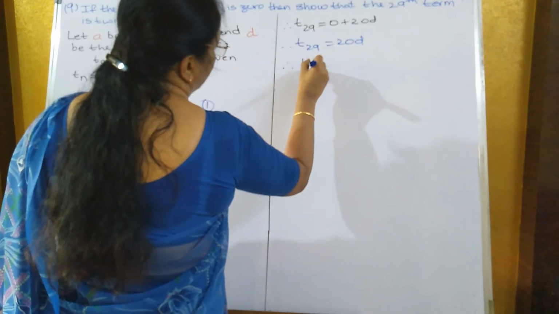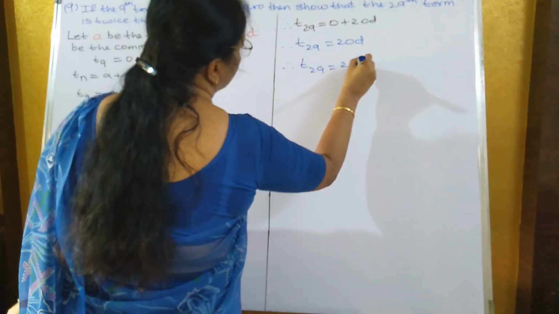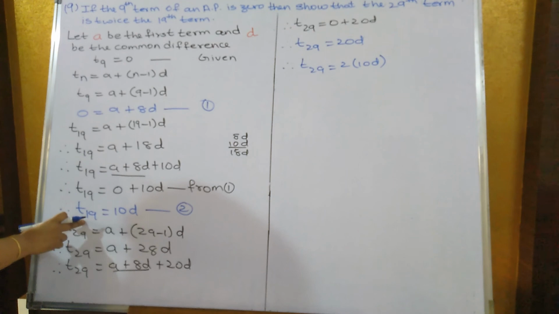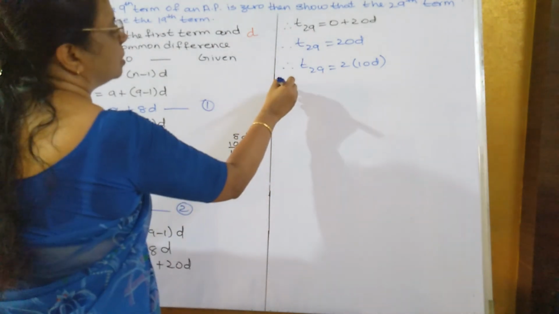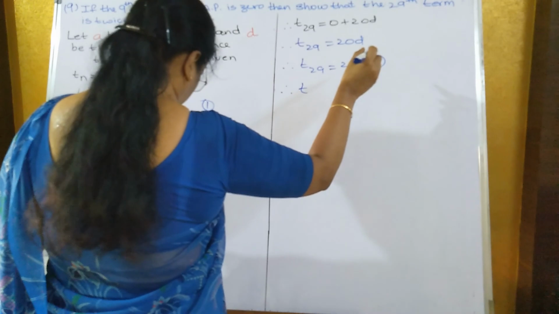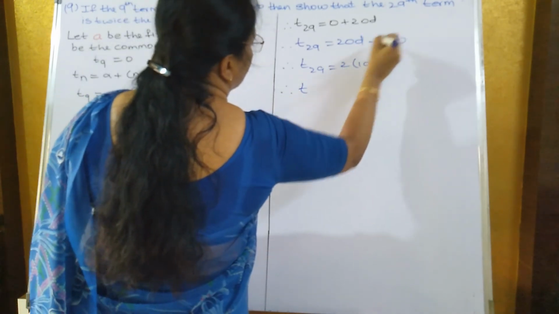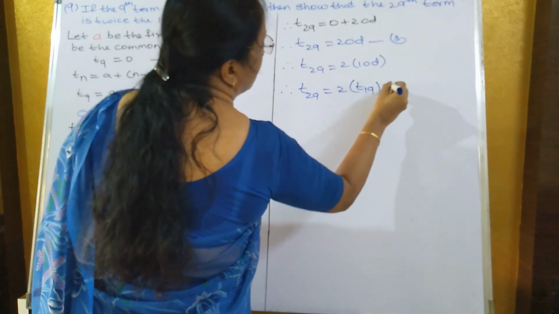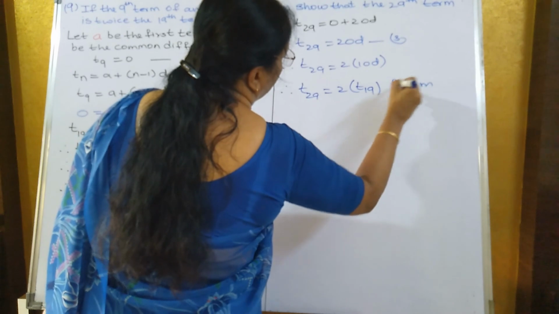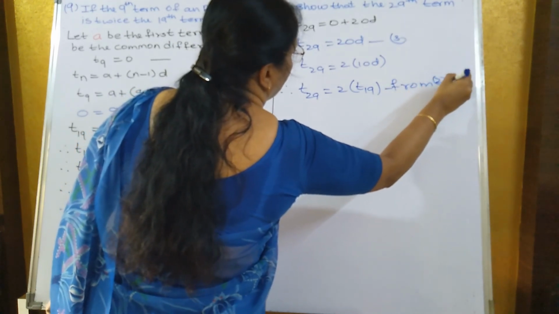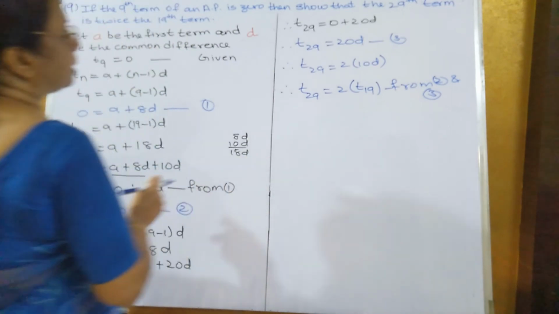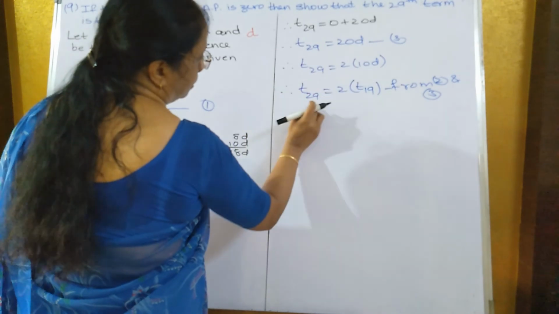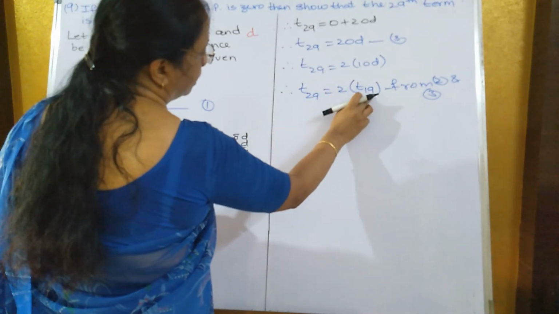Therefore T29 is equal to 2 into 10d. Now what is 10d? 10d is T19. Therefore, let us take this as 3, T29 is equal to 2 into T19, from 2 and 3. So T29 is 20d, T29 is twice T19.